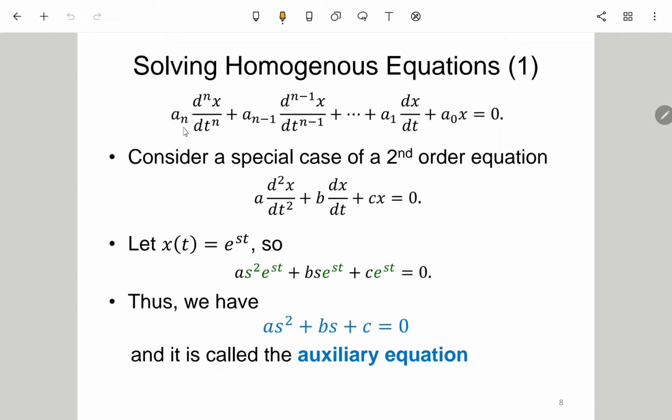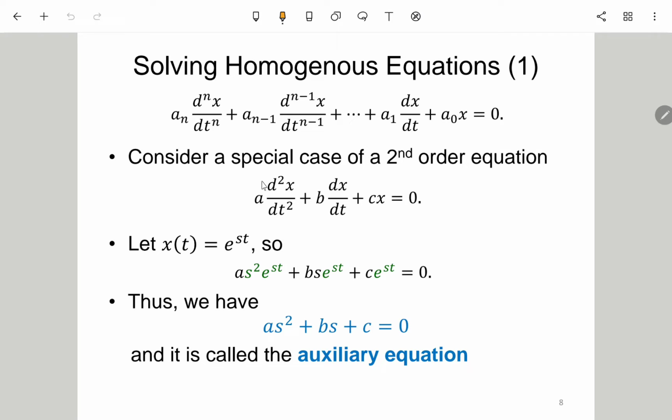Rather than call the coefficients A2, A1, A0, we just call them A, B, C, for the coefficient of the second derivative, the first derivative, and the original function. So we have A x double prime plus B x prime plus C x equals 0.